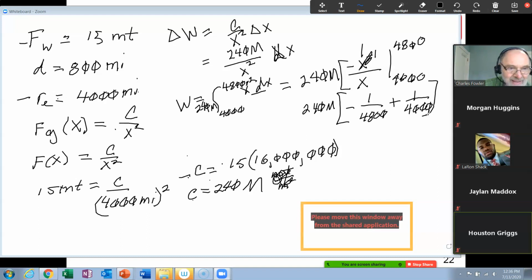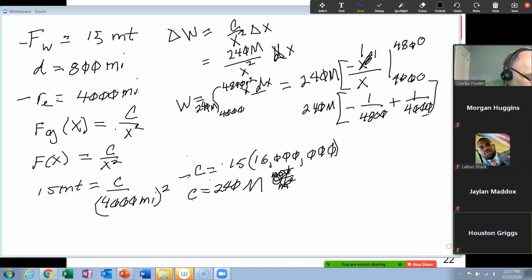You can look in the book and they give you these. It's 10,000 mile-tons. That's what I got on my screen. Your conversion factor there, you put miles in the denominator, 5,280 feet in the numerator, and then for a metric ton, you'll put 1 metric ton in the denominator, and in the numerator you would have 2,205 pounds.